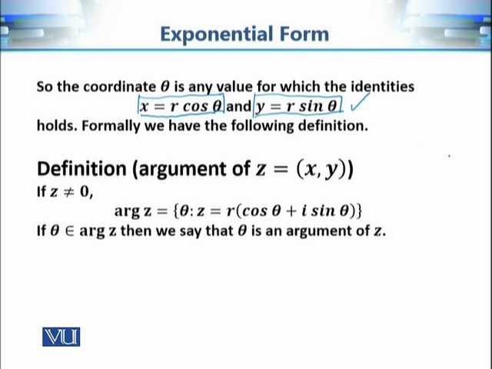We name them as argument of a complex number. So argument of z are all those values theta that satisfy these relations, or in other words, for which z is equal to r cos theta plus iota sine theta.